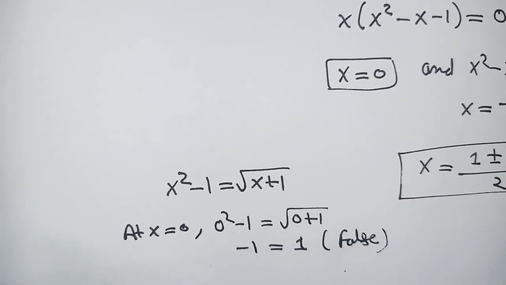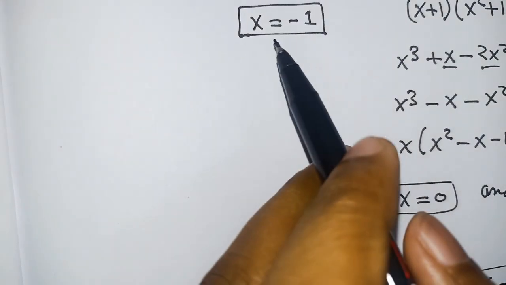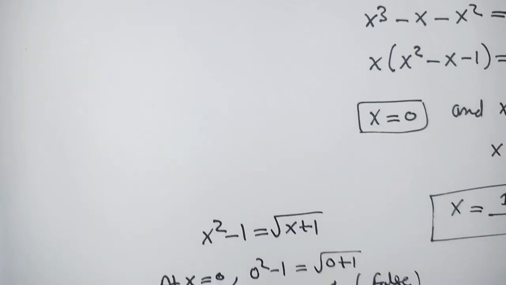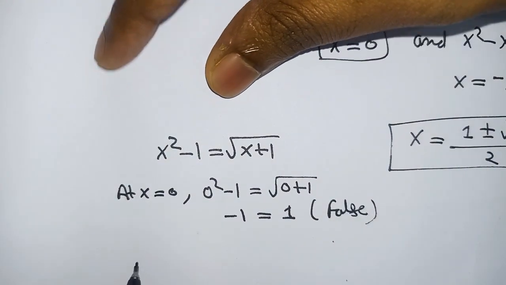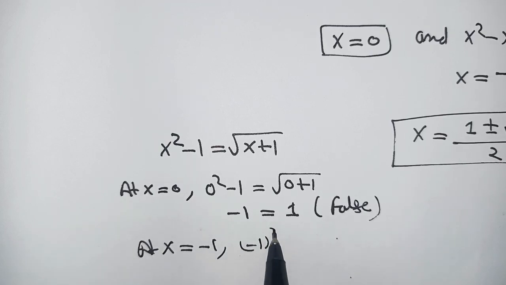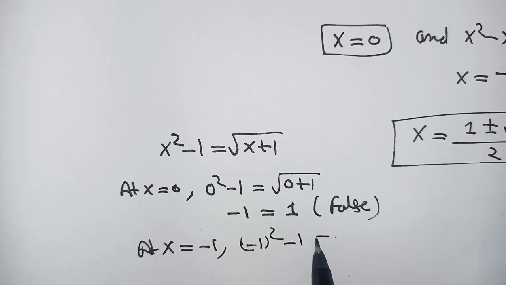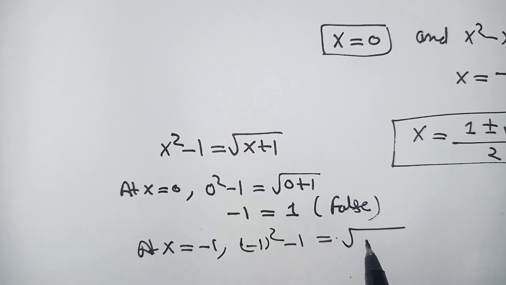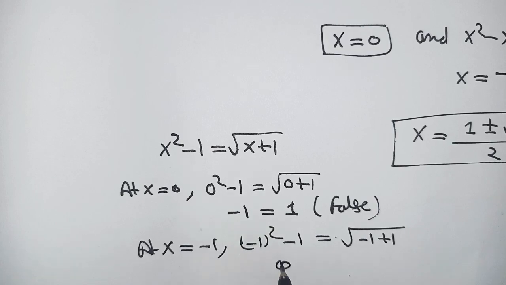And when we put x equal to this value minus 1, at x equal to minus 1, we will have (minus 1) square minus 1 is equal to square root of minus 1 plus 1, and this is eventually 0 and this is again 0.